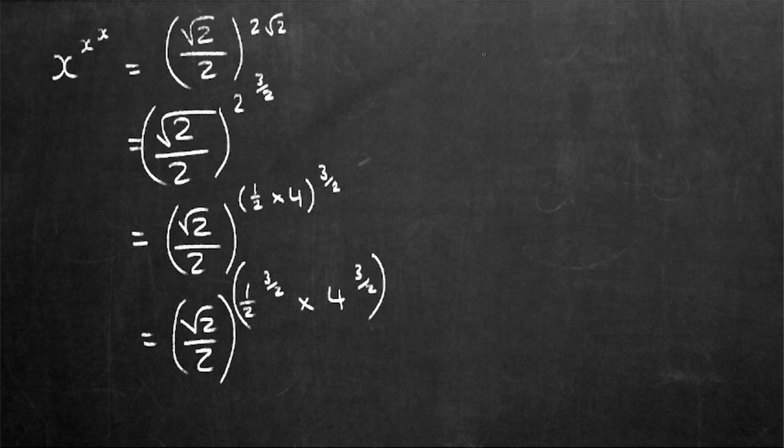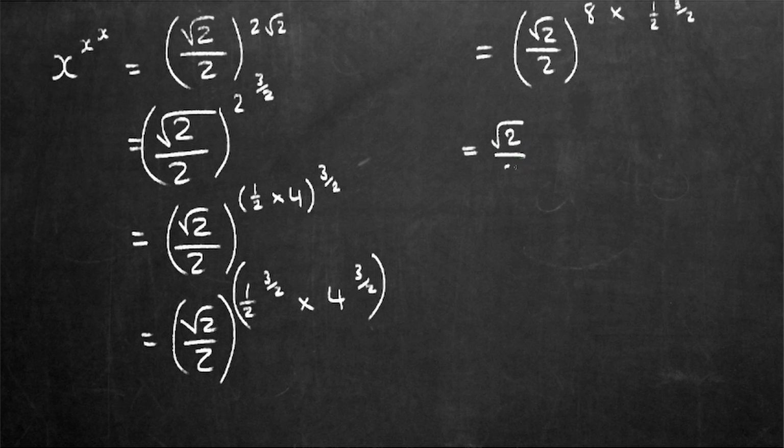So this becomes root 2 over 2 to the power of 8 times half to the 3 over 2. And now, using our rules of powers, when you have 8 multiplied by something in the exponent, we can break this down into a set of 2 exponents, right? We can raise it to the power of 8 and then raise that to the power of a half to the 3 over 2.